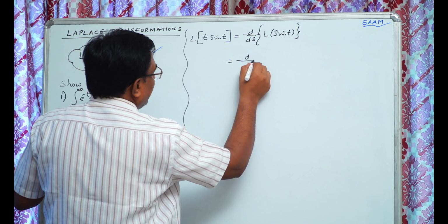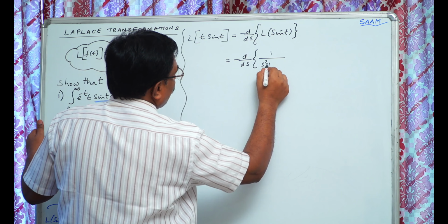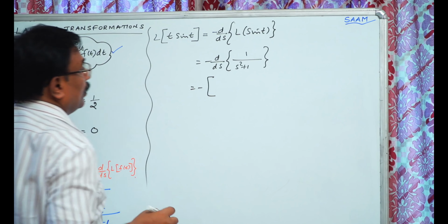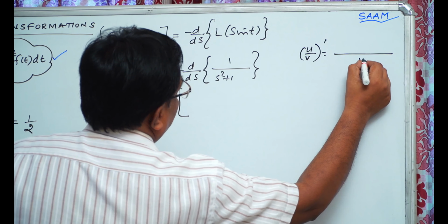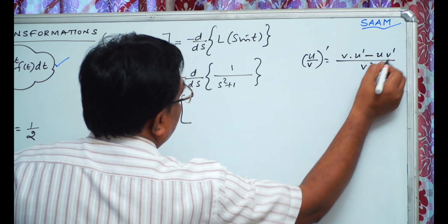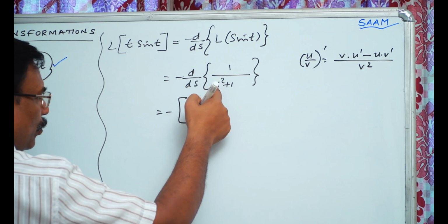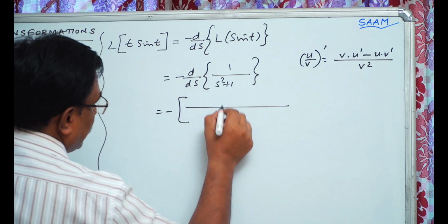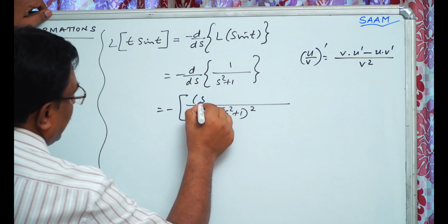Laplace of sin t is 1 by s square plus 1, and again you know the derivative of u by v is (v into u dash minus u into v dash) by v square. Here u is 1, v is s square plus 1. So here we have s square plus 1 whole square in the denominator.